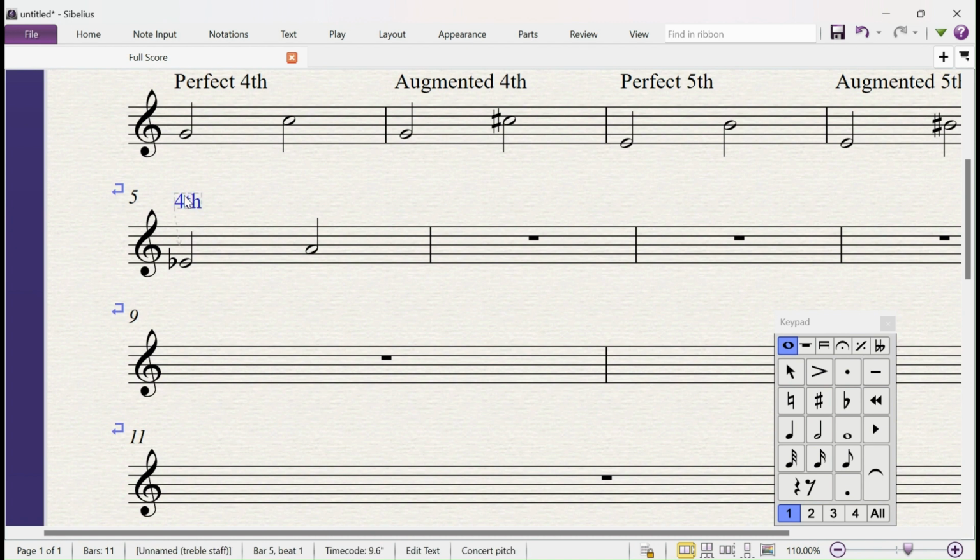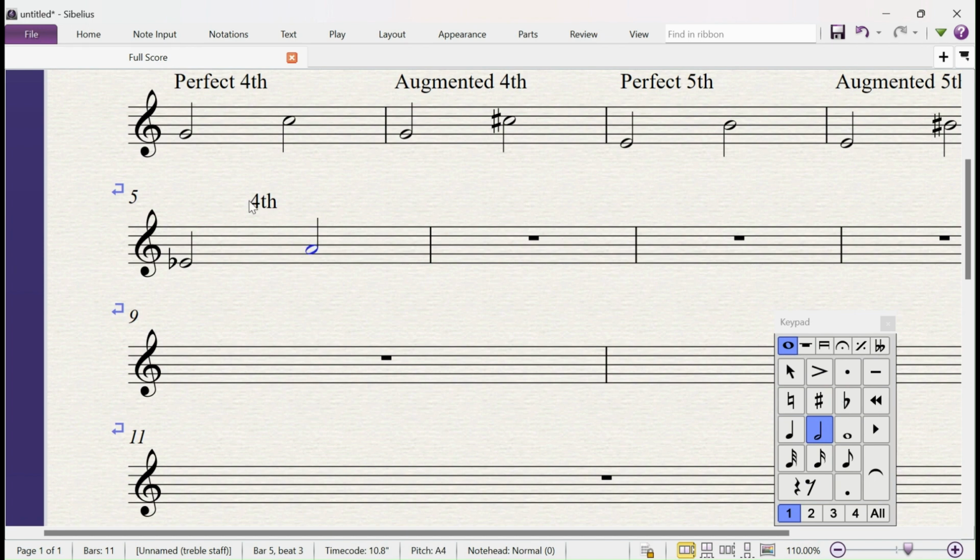What type of fourth will it be? This is E flat, and in E flat, there's an A flat. For this to be a perfect fourth, this should be an A flat. However, it's not an A flat, it's an A. A is higher than A flat by a semitone.